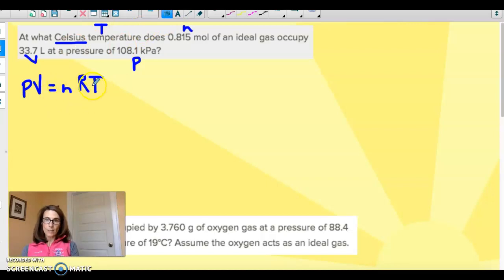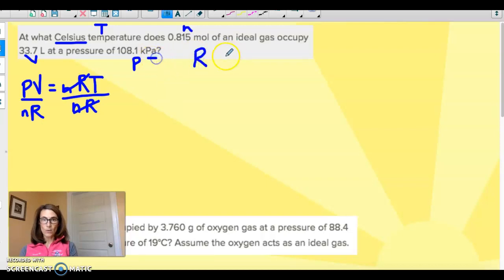What I like to do is rearrange the equation before I even plug in. So if I divide both sides by nR, what I'm left with is my T. And then we also have to decide which R value we're going to use. So again, our value depends on our pressure units.